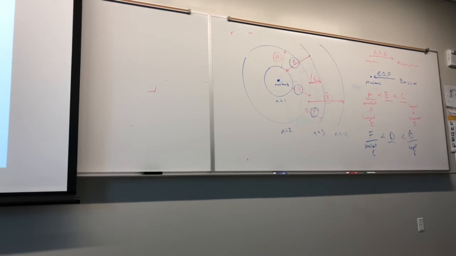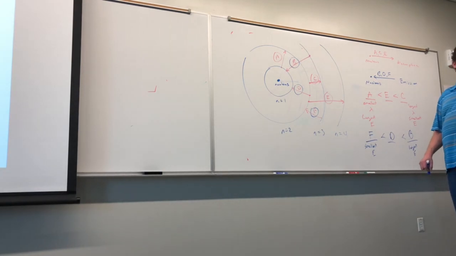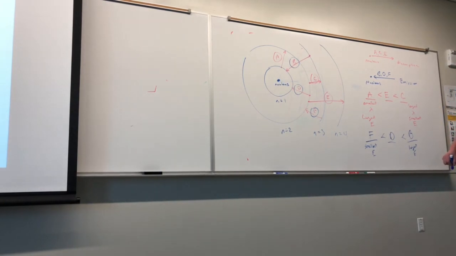And which one of those emissions would be visible? Do you all agree with that? I think D because it's the biggest. How can you tell whether something is visible or not? I gave this in your notes. It goes to shell 2.